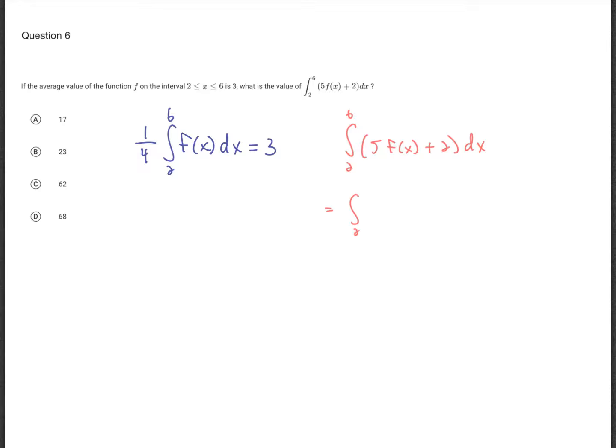First we can distribute it. Okay, and then this 5 here, we can pull out. Any constants that are multiplied can be factored out and pulled out of integrals.